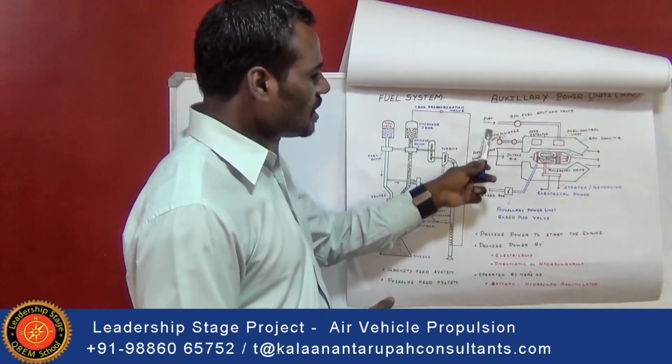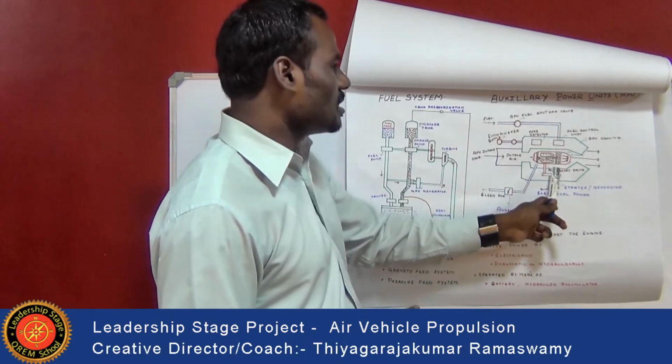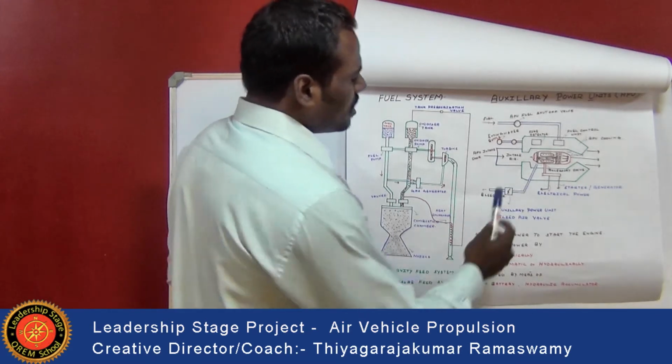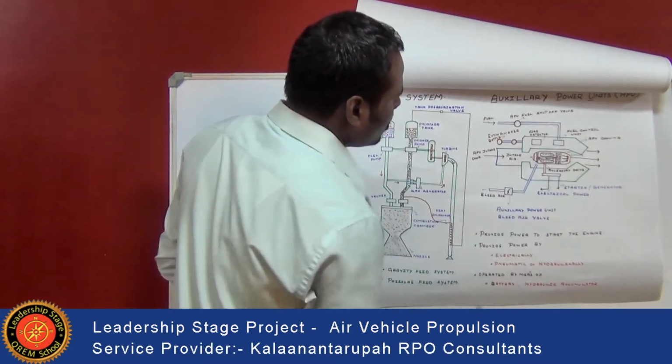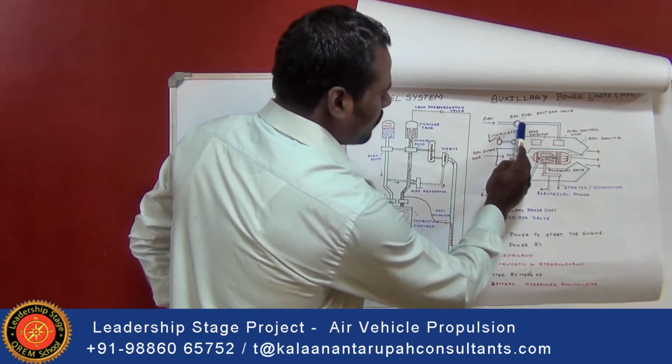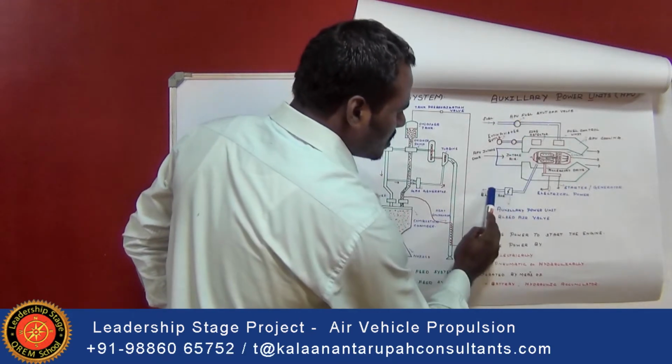Here, the graphical representation of the actual auxiliary power unit is shown in this area, so that the fuel is supplied, and the auxiliary power fuel shut off valves are provided at different stages.